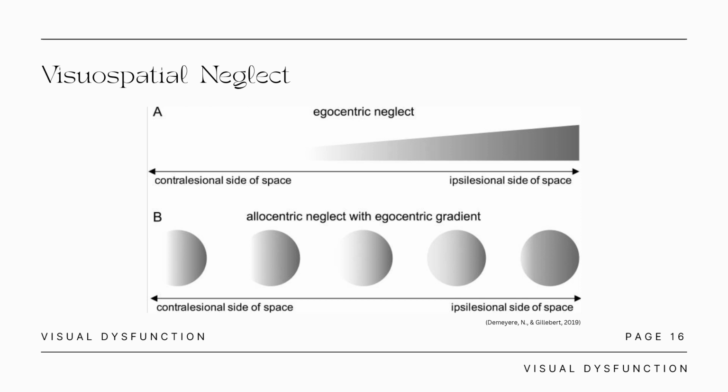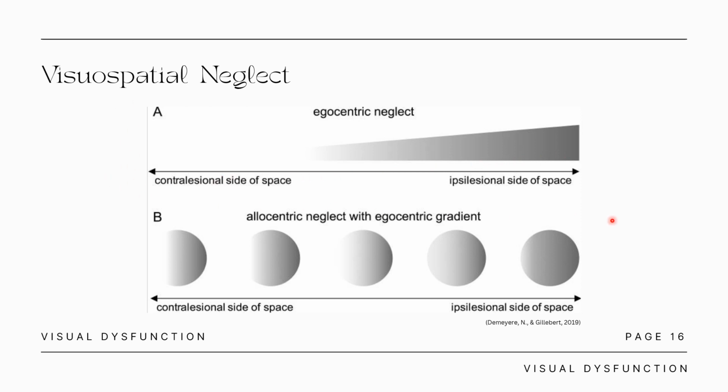And that's what this diagram here is representing. The gradient here at the top describes egocentric neglect, where we're talking about the midline of a person and how the gradient might be very strong here on the ipsilesional side. They can see everything, but then gradually fades toward the contralesional.